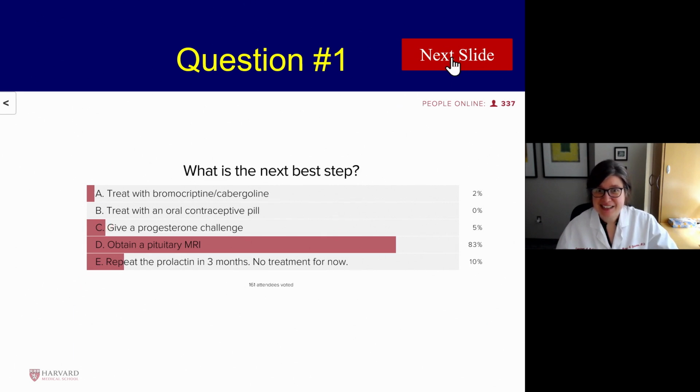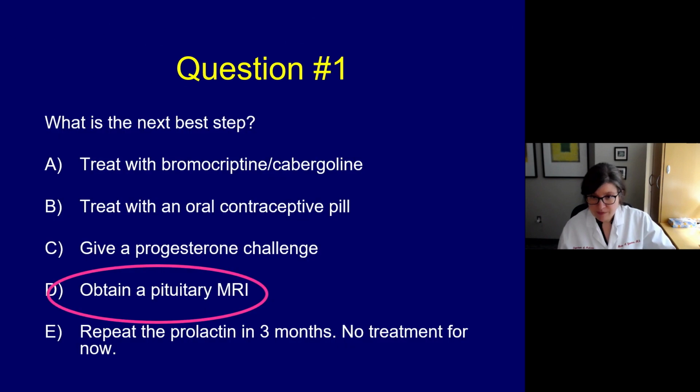And that is correct. I don't know if I can move to the next. Let me try. Oh, there it is. Good. Yeah, so definitely obtaining a pituitary MRI is the next best step.